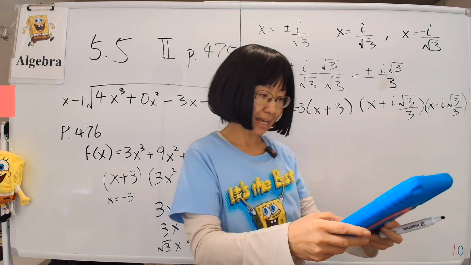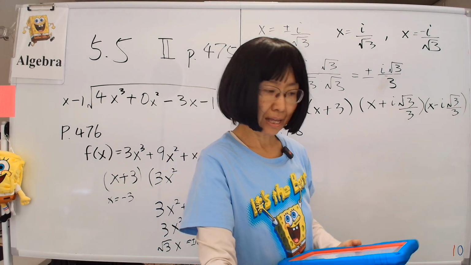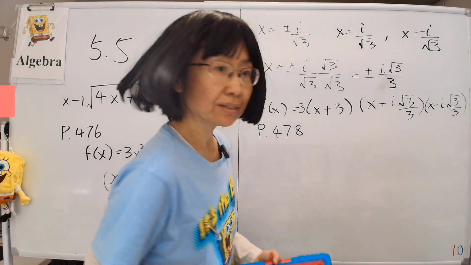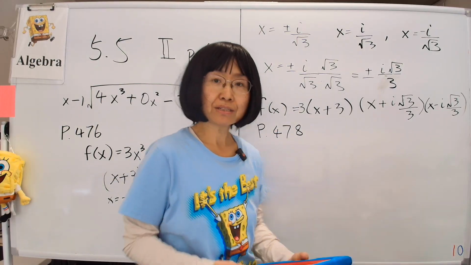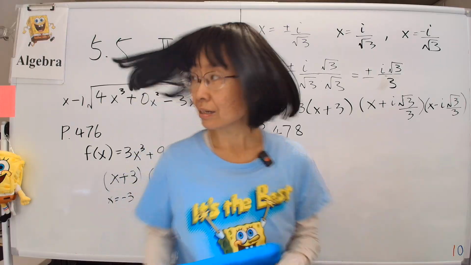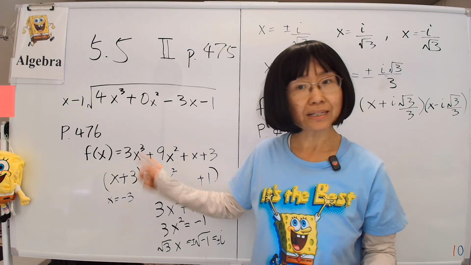And that's that. So next, let's look at the next page. Next let's go to page 478, where we consider the linear factorization problem, which says that if you have a polynomial, like this one we just did, it will have as many factors as it has degrees.